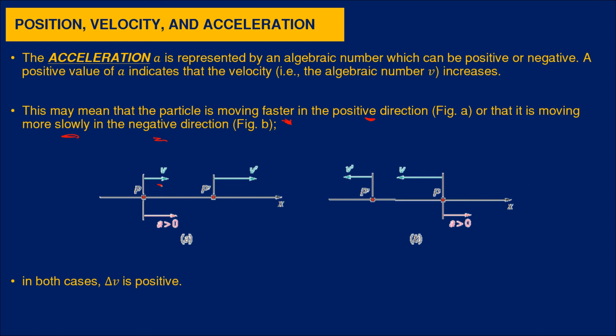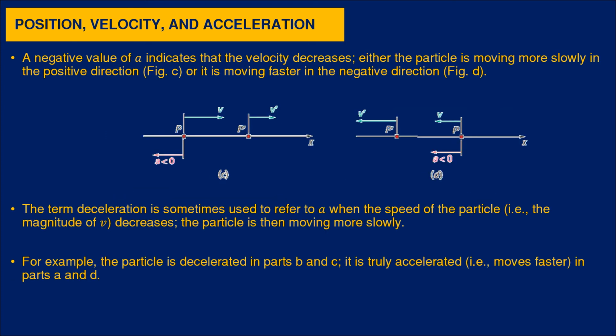If the arrow is small, the velocity is slow, and if the arrow is big, the velocity is fast. Alright? In both cases, the velocity is positive. So a negative value of acceleration indicates that the velocity decreases. Either the particle is moving slowly in the positive direction, or faster in the negative direction.